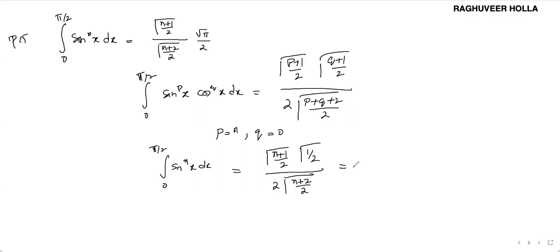Gamma 1 by 2 is root pi, so by substituting it, we get on the right hand side gamma (n plus 1) by 2 by gamma (n plus 2) by 2 times root pi by 2. So this is the final answer.